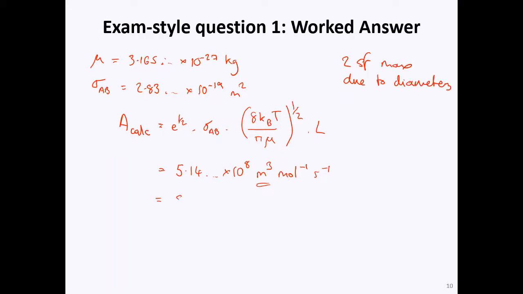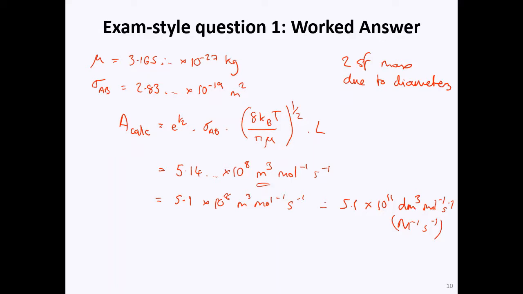And so therefore we've got 5.1 times 10 to the 8 meters cubed per mole per second, and that's the same as 5.1 times 10 to the 11 decimeters cubed per mole per second, or the same as per molar per second. Yeah. Okay, so I need you to be able to know how to do that conversion and get it right.